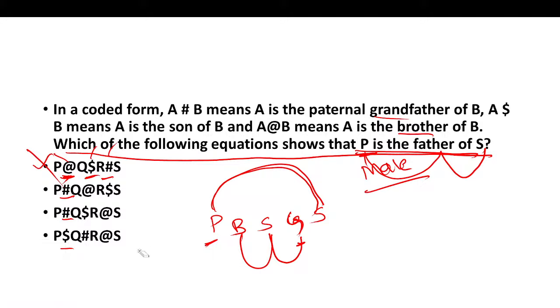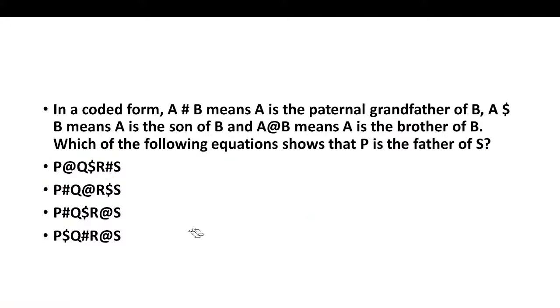Next option 2. Between P and S, how many symbols are there? First hash, grandfather, at the rate, brother, dollar. Dollar indicates son.